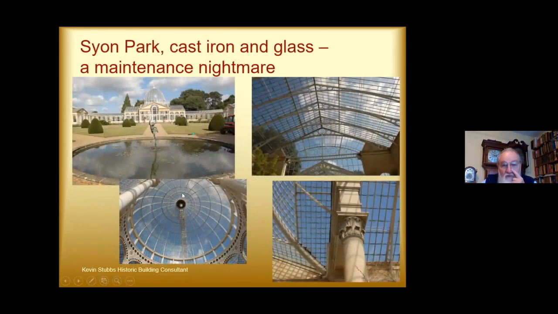Other historic roofing materials, we've got cast iron and glass. Real nightmare these days for maintenance. One of the earliest structures in the country, 1826 at Syon Park, absolutely incredibly beautiful, but a real nightmare for maintenance.